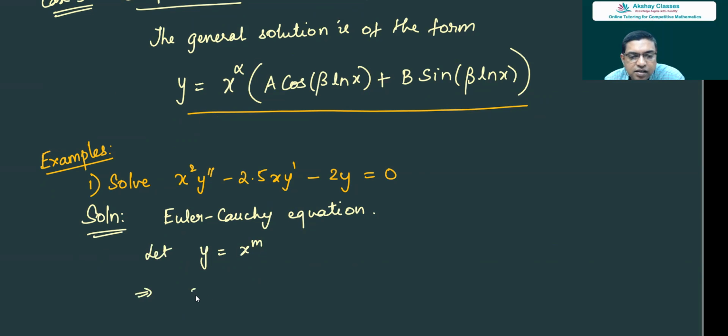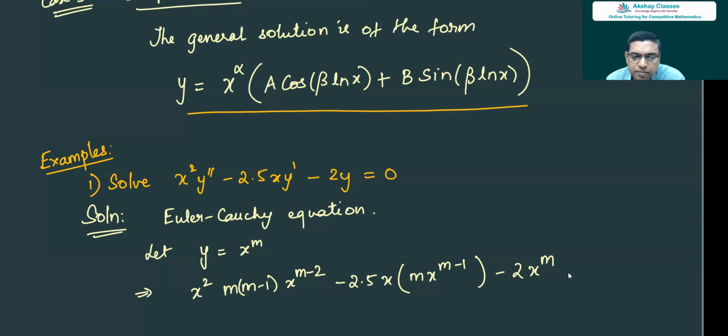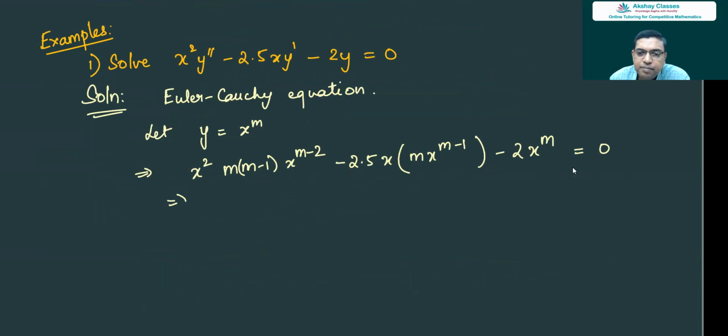So we get, directly, if we remember, or we need to write this, m into m minus 1 into x power m minus 2, minus 2.5 x times m into x to the power m minus 1, minus 2 x power m is equal to 0. We are substituting, so x power m comes out throughout.